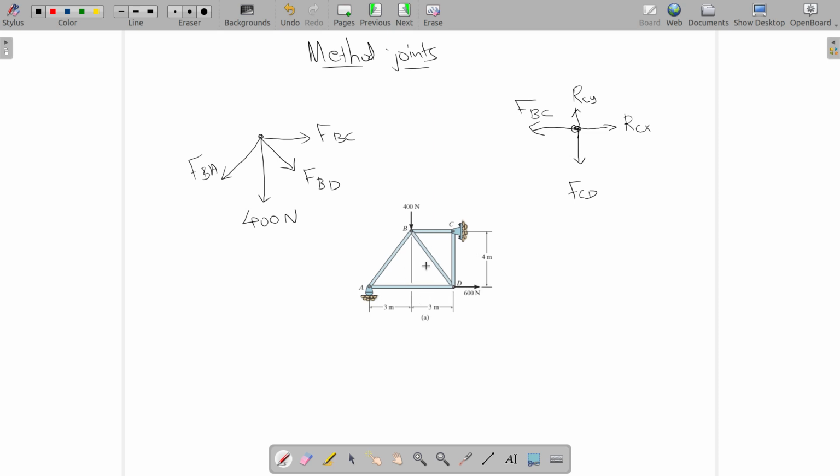So this will be 5 meter, and this angle will be tan inverse 3/4. You can calculate it, right? If this is theta, tan theta will be equal to 3 divided by 4. So theta will be equal to tan inverse 3/4. So you can calculate it, and you can put it here and here.